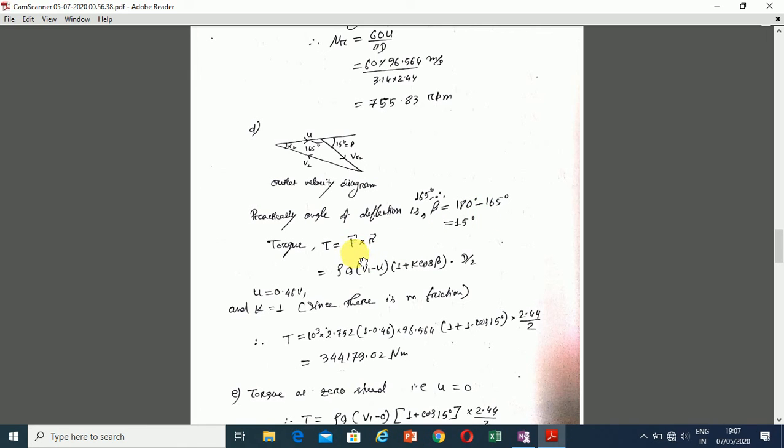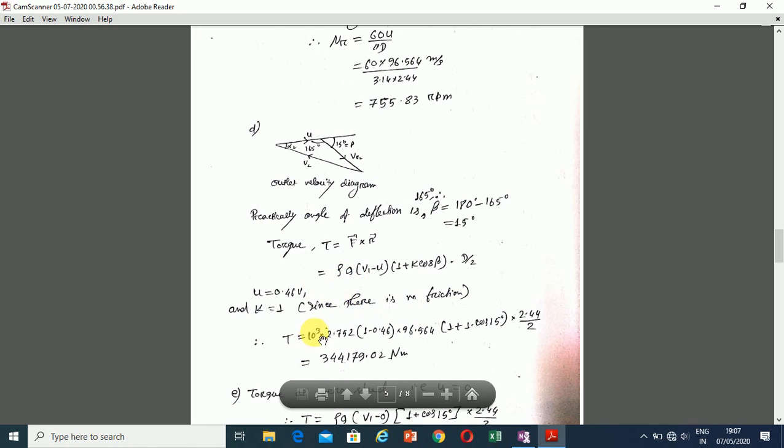Now we know torque is force into perpendicular distance, that is force is rho q (V1 minus u) (1 plus k cos beta) into D by 2. R is D by 2. And from previous we know u is equal to 0.46 V1 and k is 1 since there is no friction present.